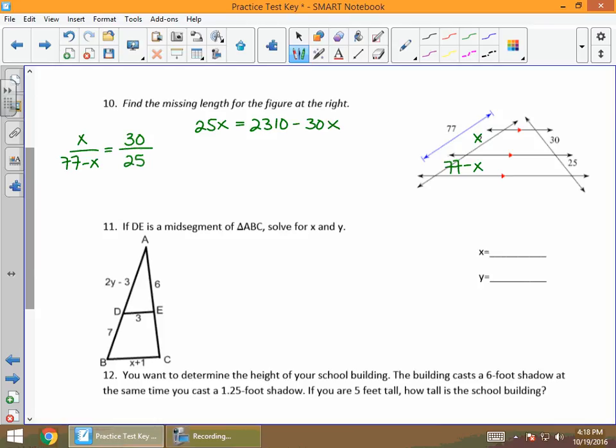Add 30x to both sides. So 55x is equal to 2310. If I divide 2310 by 55, I get x to be 42. And then I can find that other piece if I needed to by doing 77 minus 42.